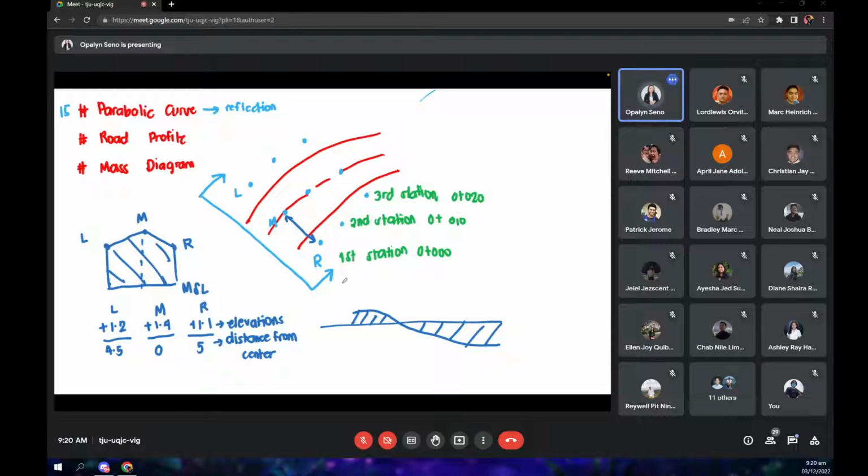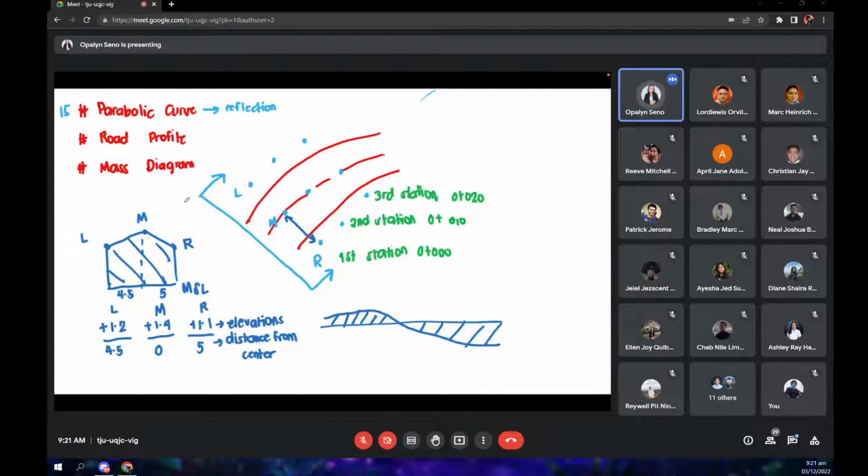So in this case, your original width, let's say what you measured from the middle or from the center, is 5 meters here, 5 meters here, and then this is 4.5. We are going to propose a straight road, and from there we propose a road width.